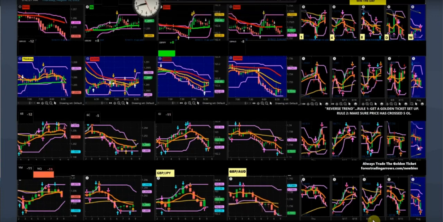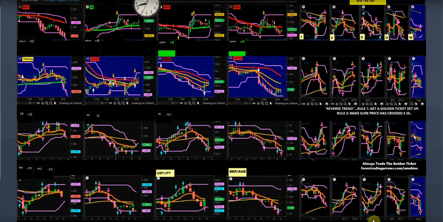Because you can see what happens when you break weekly BB bands and weekly orange lines. These are huge, huge moves, guys, and it's just a matter of finding the right place and the right setup to take it from. Okay, that is it. I'll show you what to do in a moment.